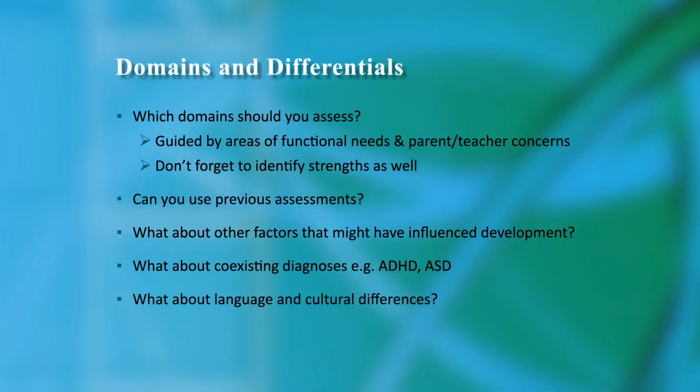Sometimes you might have to use some clinical judgment, look for documented difficulties around independence, how much support they need to be able to function, because as adults it's quite hard, as you can imagine, to self-rate or to find someone who might be able to rate that for them.